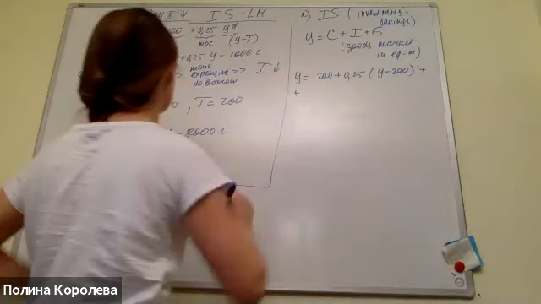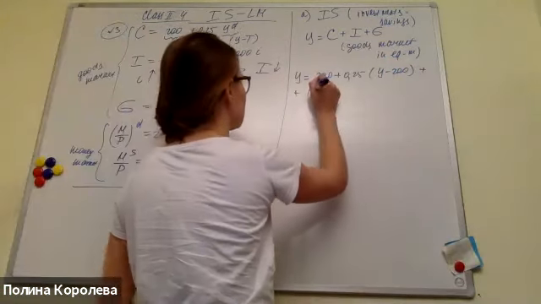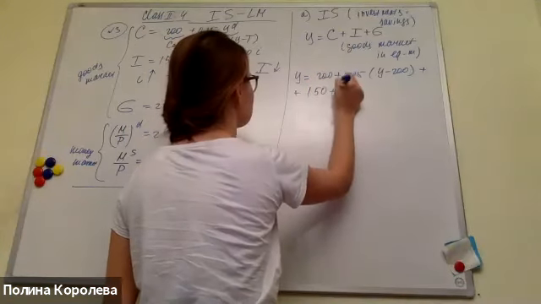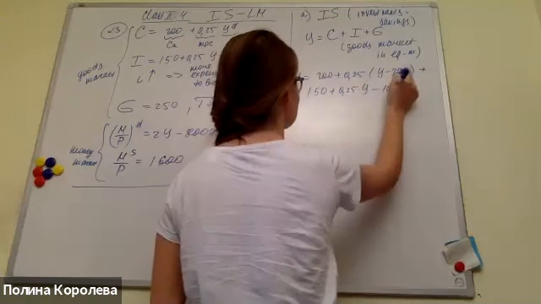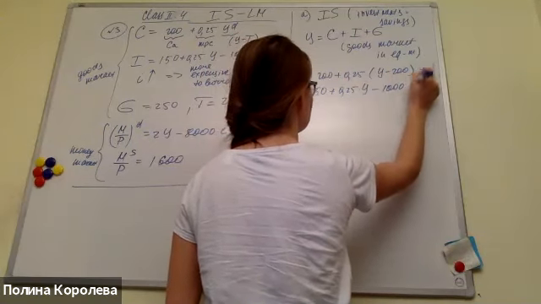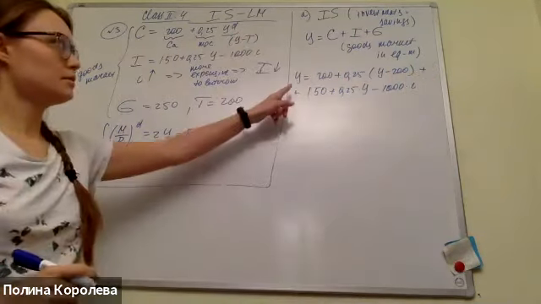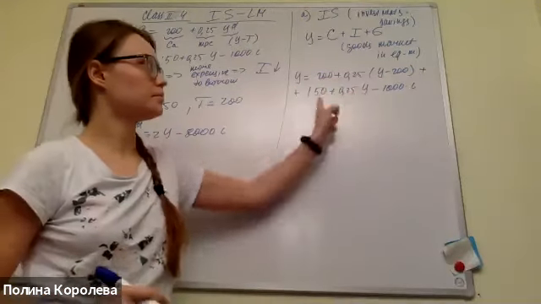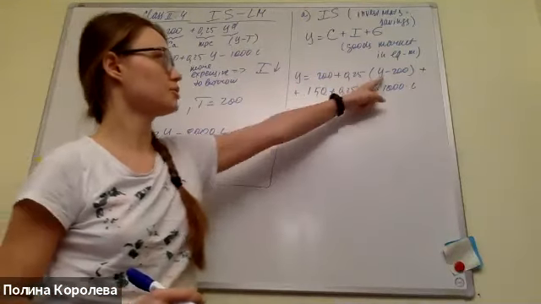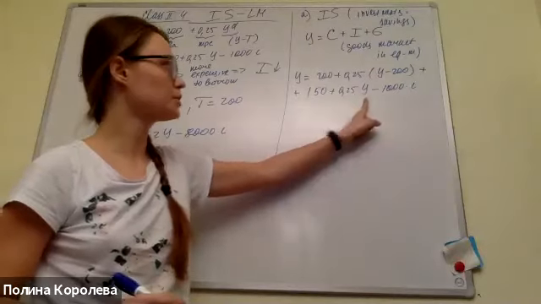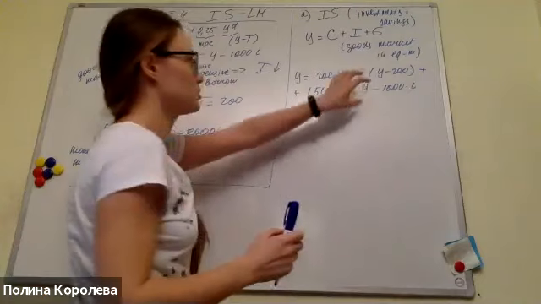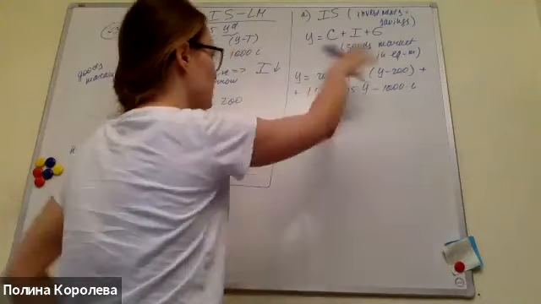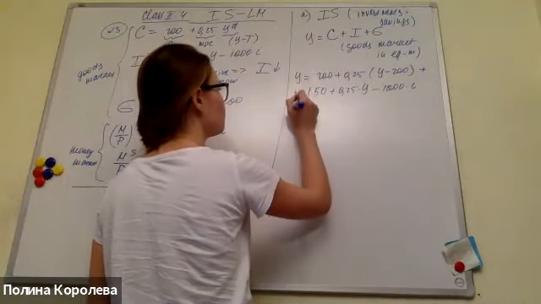Plus investments: 150 plus 0.25 multiplied by GDP minus 1000 multiplied by interest rate. And you see, we have here constants, GDP, aggregate output, and interest rate. So let us put everything with Y to the left and find the formula.